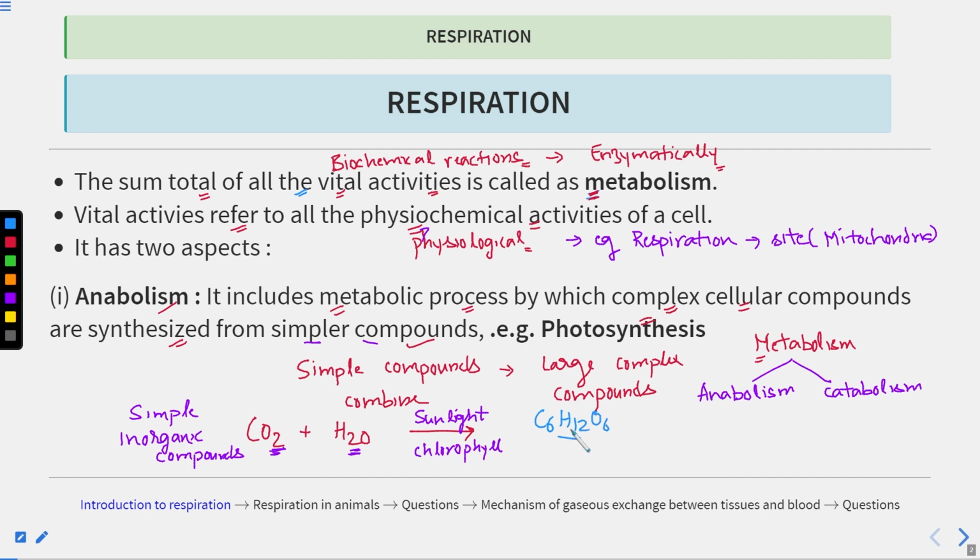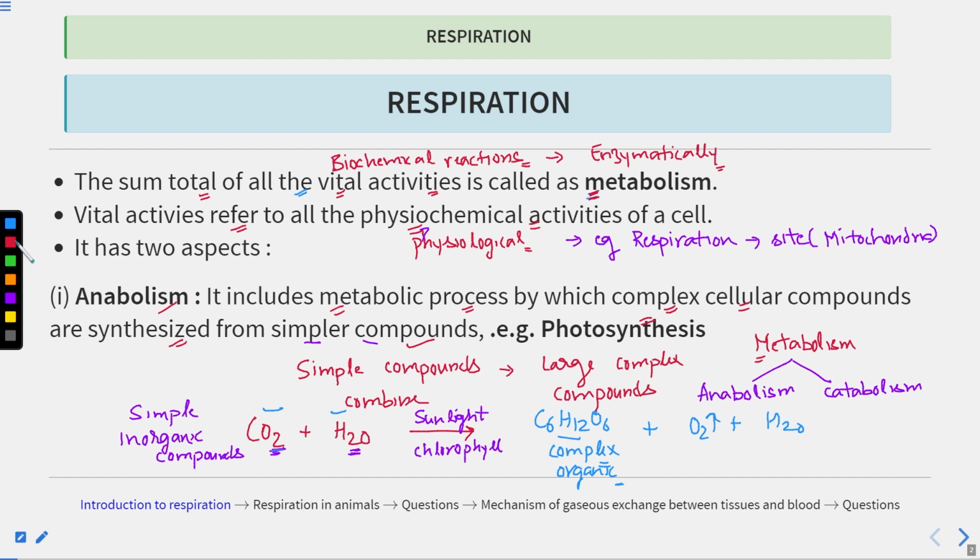This glucose molecule is now a complex, larger molecule, and it is organic also. It is a complex organic molecule formed by the combination of simple inorganic molecules such as carbon dioxide and water. And apart from this, oxygen is also evolved and water is also generated.